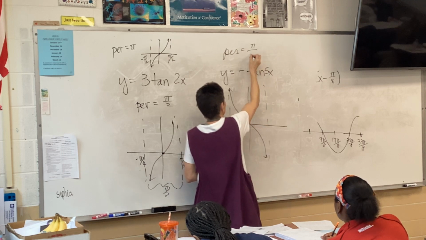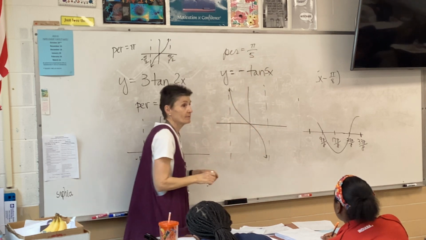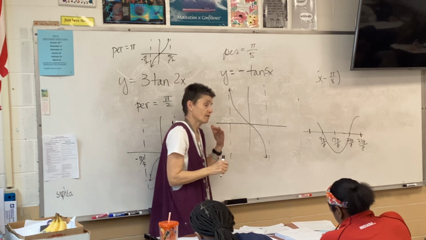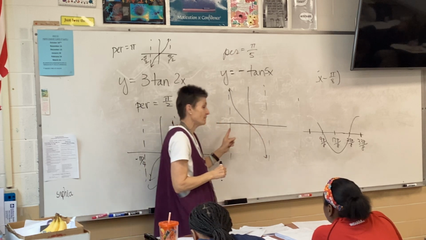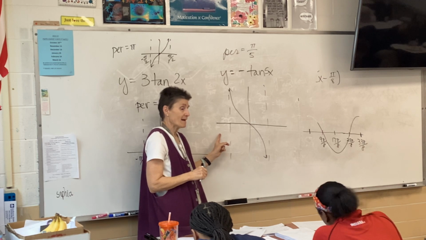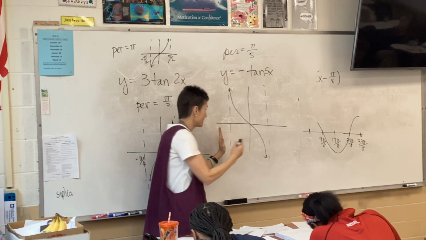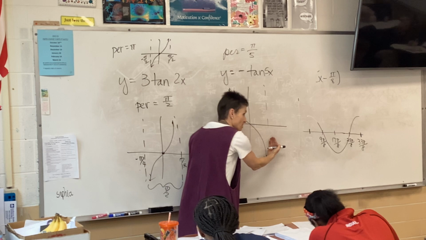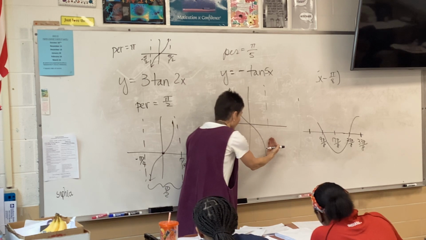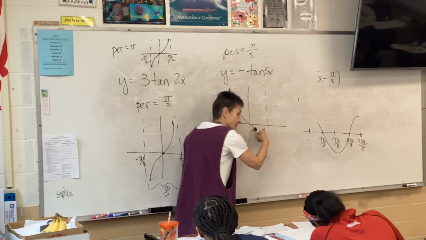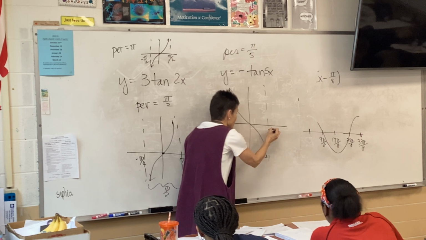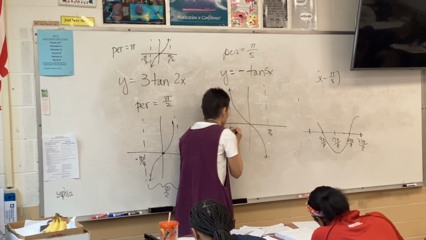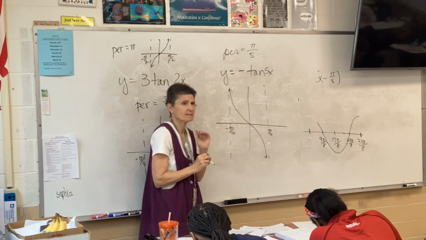This one has been divided by 5. Now a common mistake I see is kids will put pi over 5 and negative pi over 5. That's not right, because this distance has to be pi over 5, which means this distance has to be half of that. So this is 1/10 and negative 1/10. Does that make sense to everyone? Yeah.